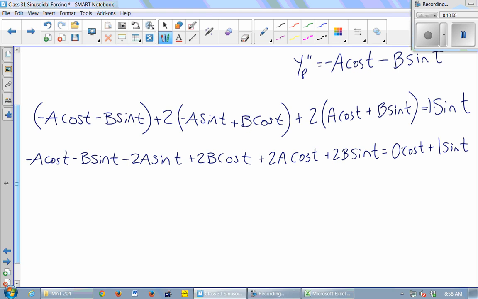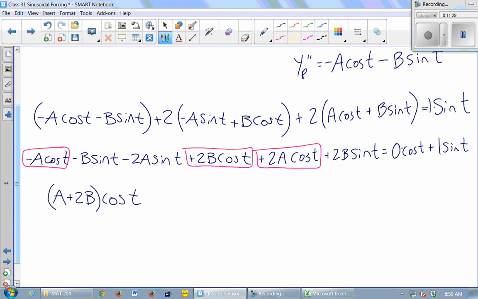Okay, so now I'm going to gather all my cosine terms. So I've got this one, and this one, and this one. So altogether, when I add them, I have negative a plus 2b plus 2a. So that's going to be a plus 2b cosine t's.